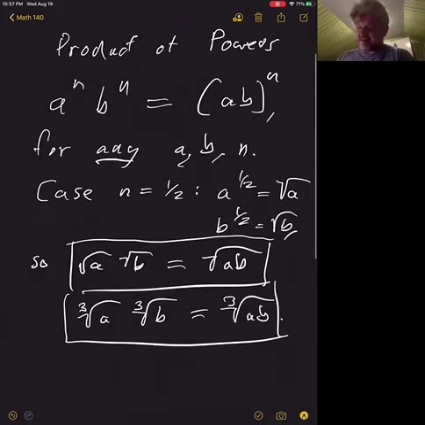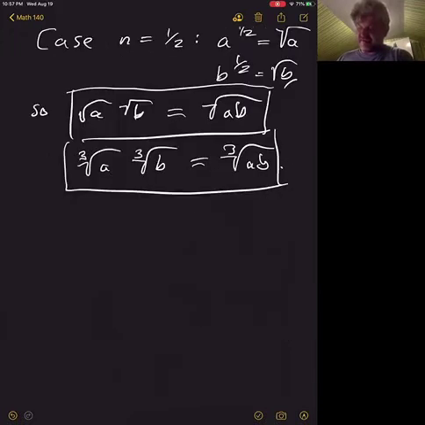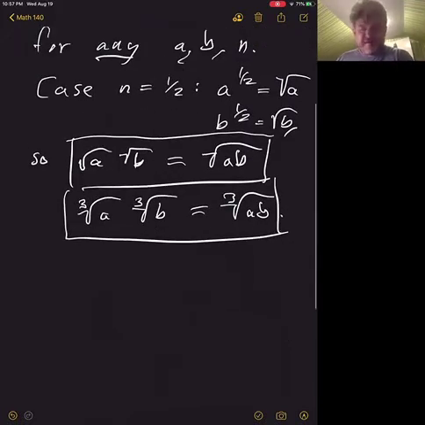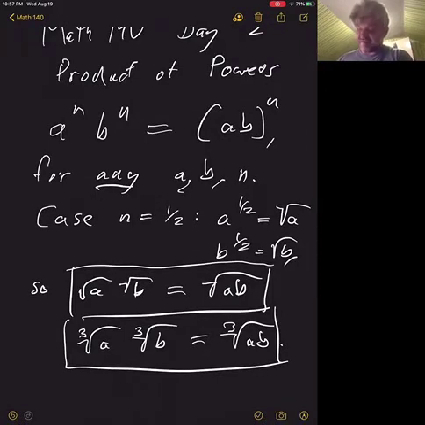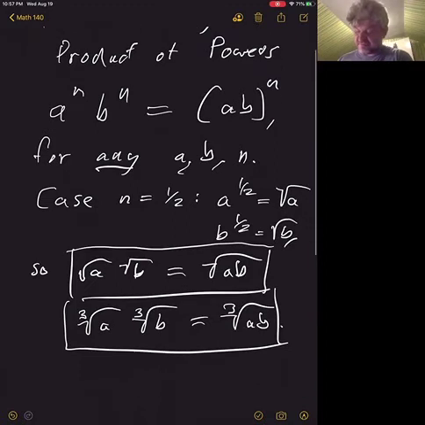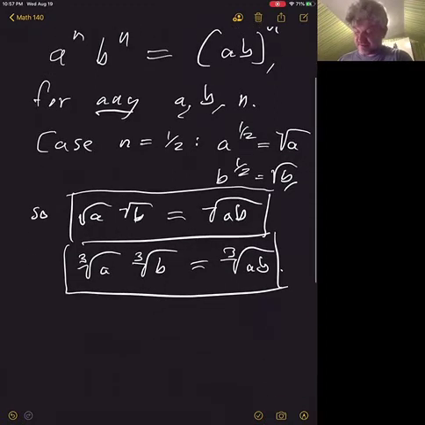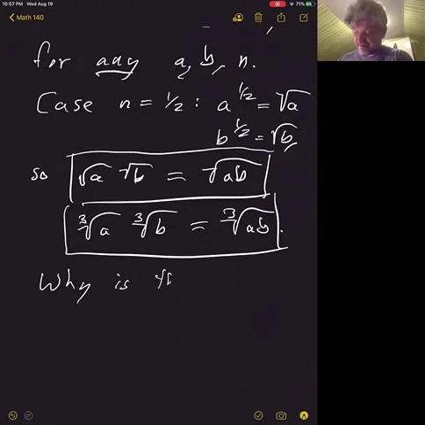By the way, I'm just telling you that this is so. Why is that true, this product of powers? If n is an integer, that's not too hard to figure out. I mean a positive integer.